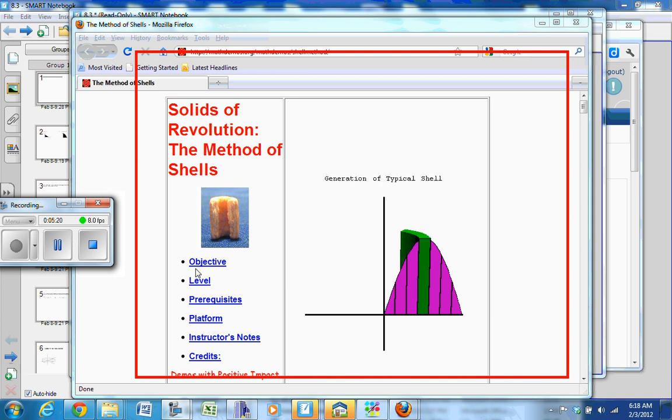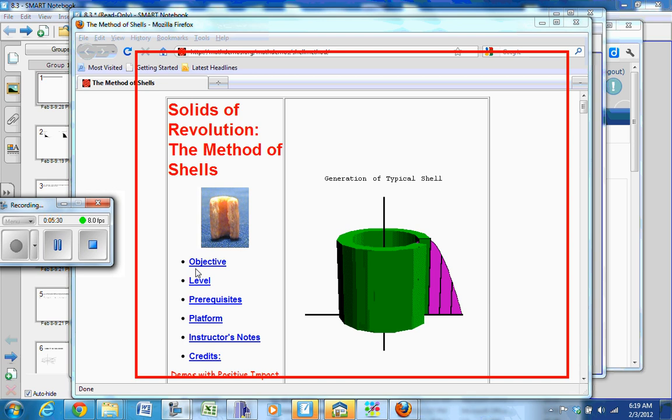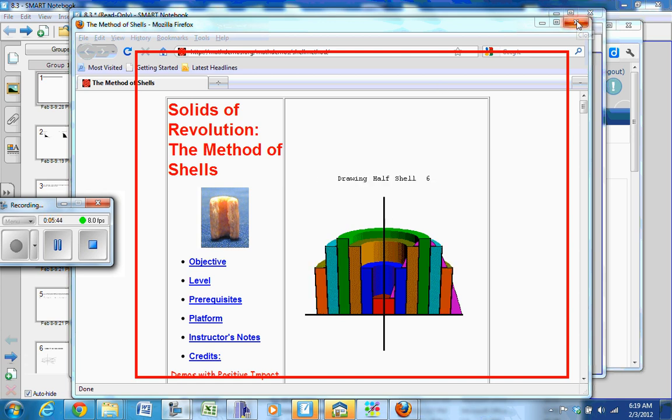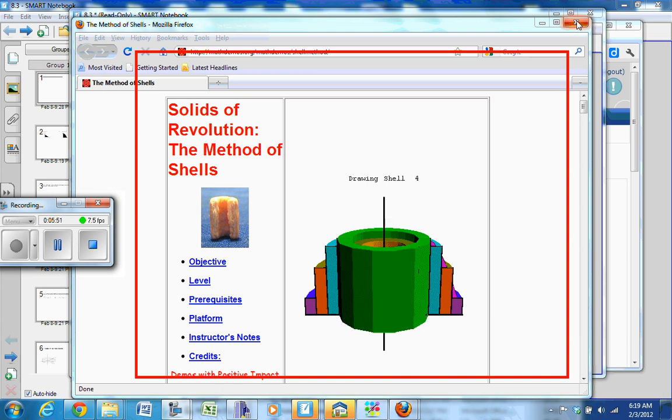We're going to imagine rotating one of those rectangles around the y-axis, and the volume of each of those is 2 pi x times f of x times dx. And then we're going to add up all of those little cylindrical shells as we rotate them around. Being able to visualize what's going on and really grasp the idea behind the formulas is going to be critical for your understanding of this topic.